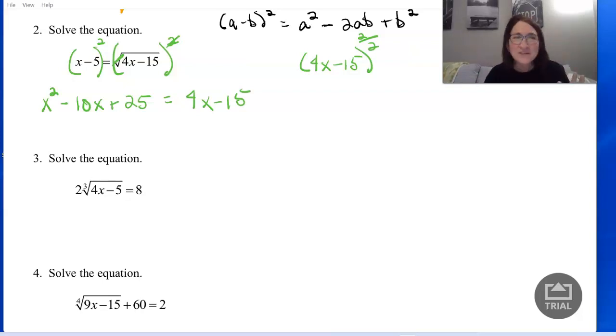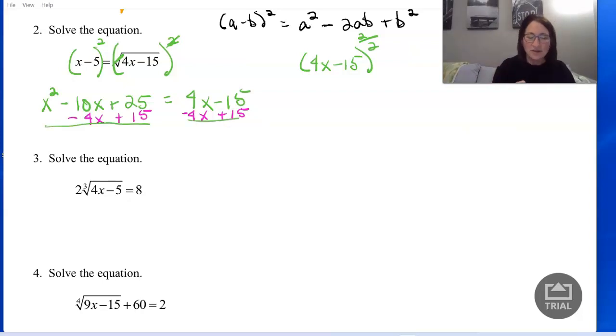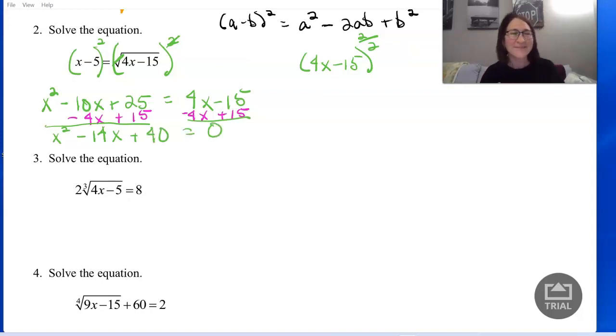Now we just solve this. So I am going to subtract 4x, add 15. Subtract 4x, add 15. That is going to give you x squared minus 14x plus 40 is equal to 0.